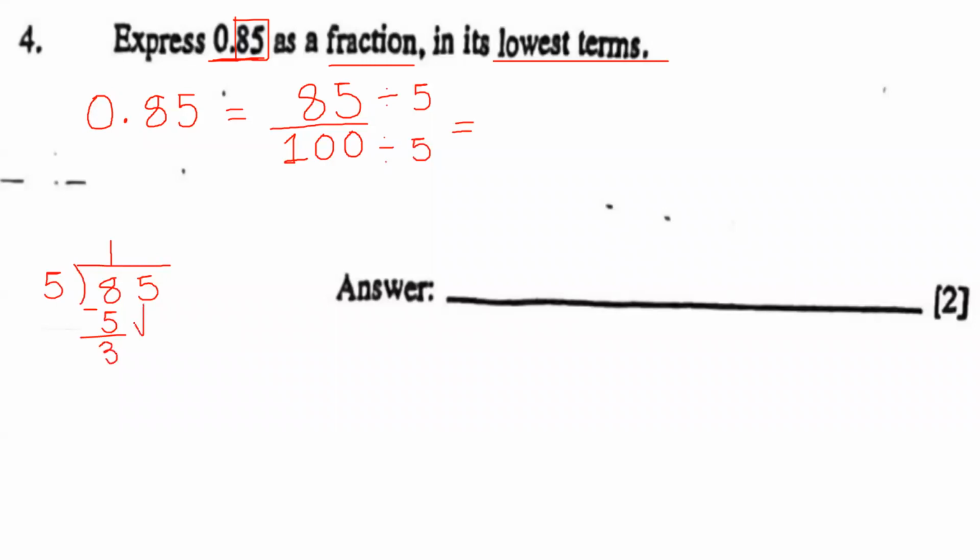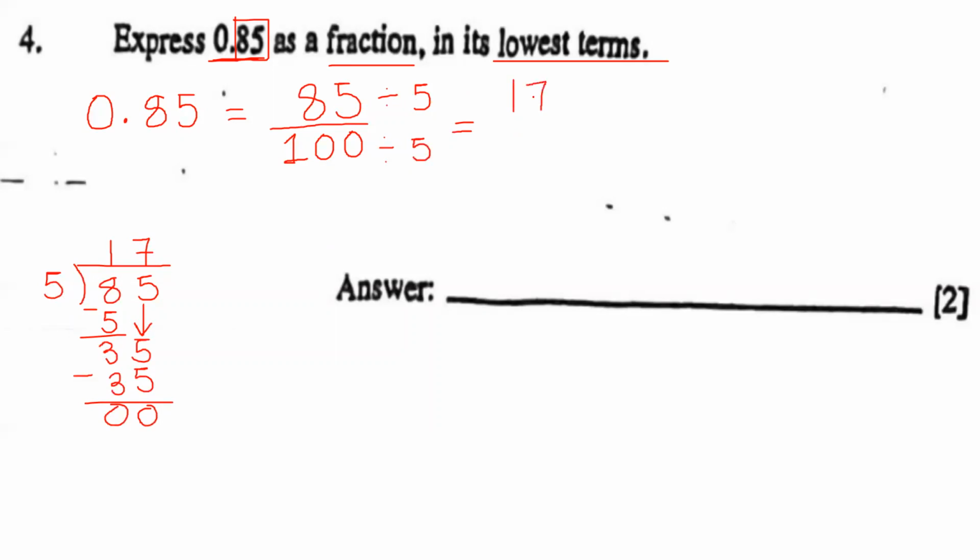And so when we bring this down, it's going to be 35. How many times does 5 go into 35? 5 goes into 35 7 times. And so 5 times 7 is going to be what? 35. So we have 35 minus 35, which is 0. And so we have 17. So 85 divided by 5 is definitely 17.